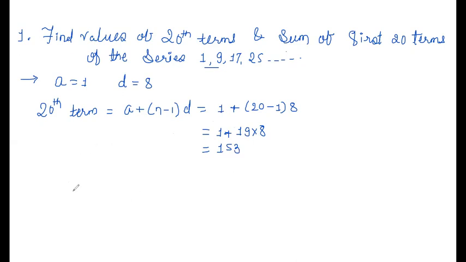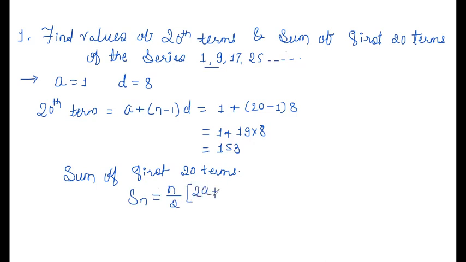Now finding the sum of first 20 terms. Here we are taking the formula Sn is equal to n by 2 in bracket 2a plus n minus 1 into d.